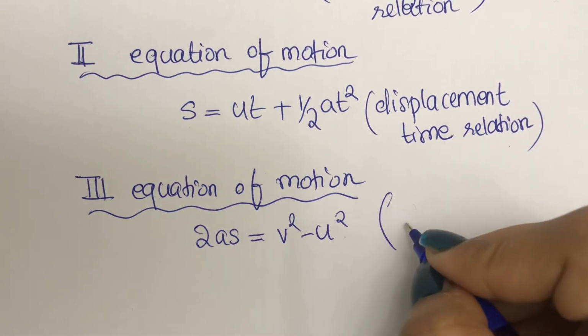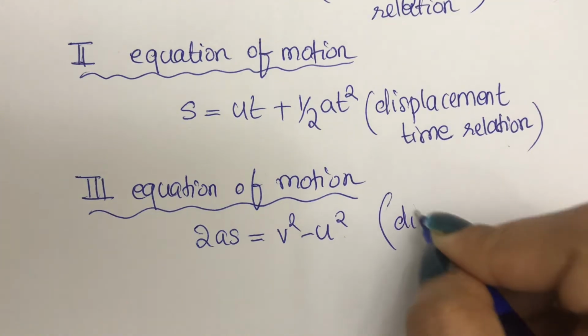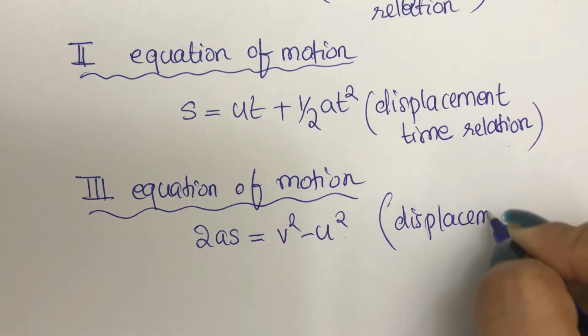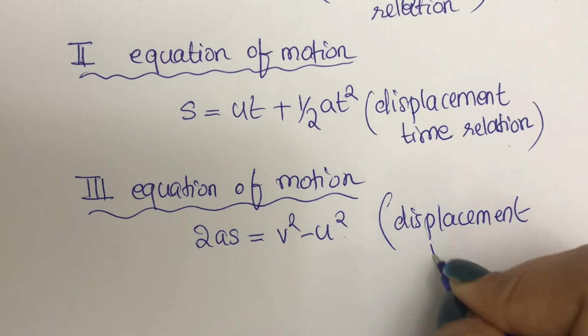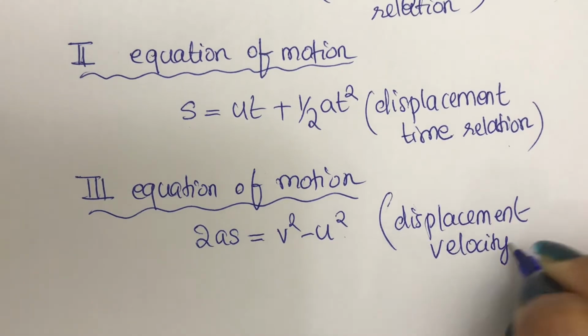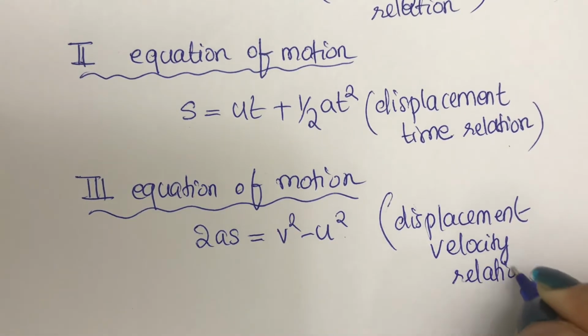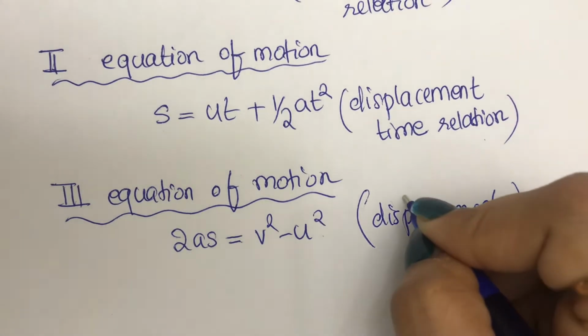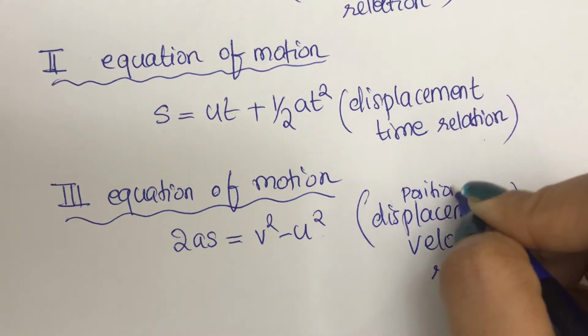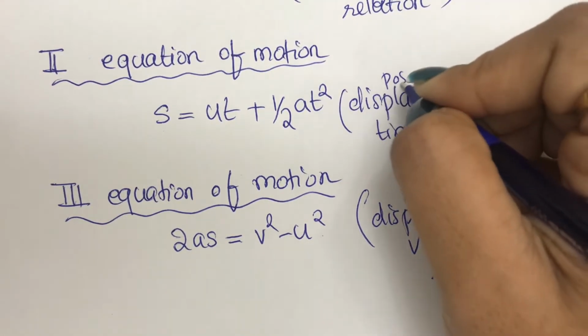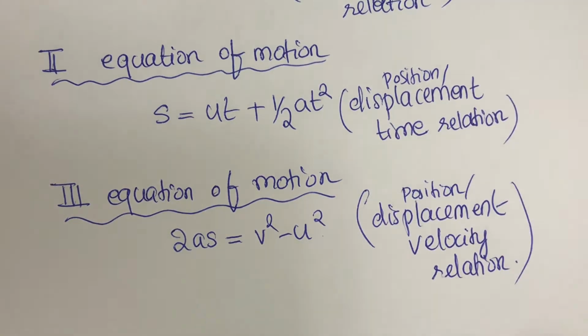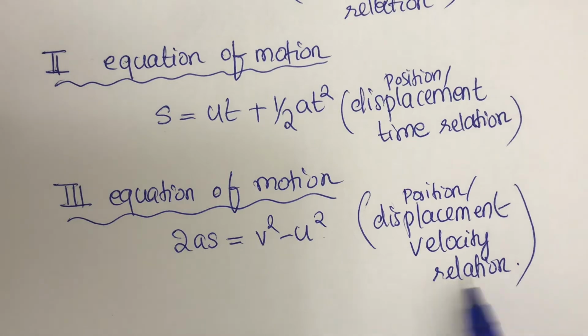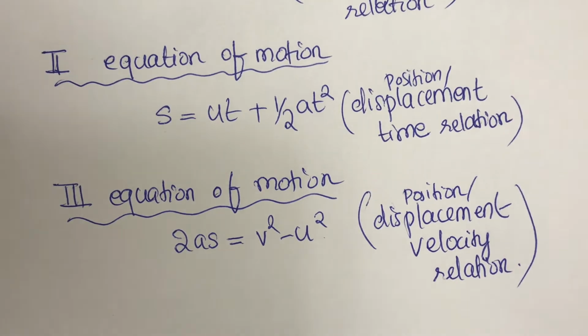So it shows the displacement-velocity relation, or you can also say the position-velocity relation. The position-time relation is the second equation, and the third one is the position-velocity relation.